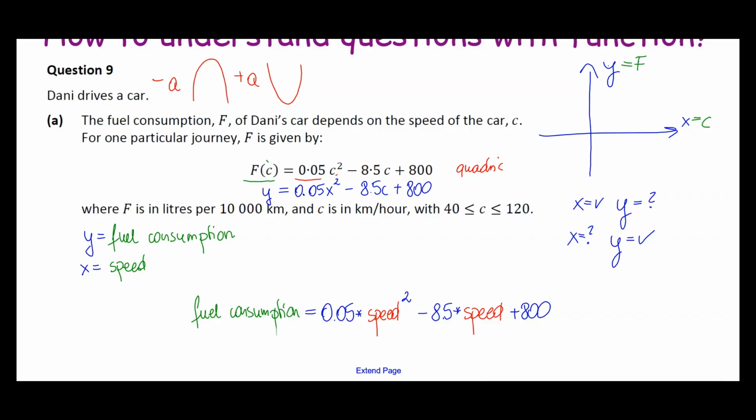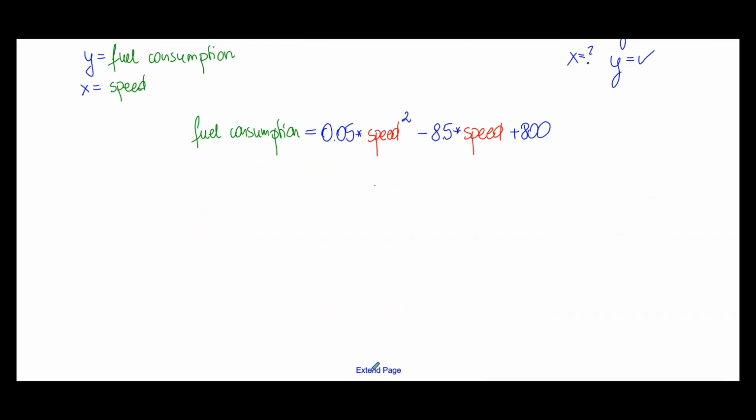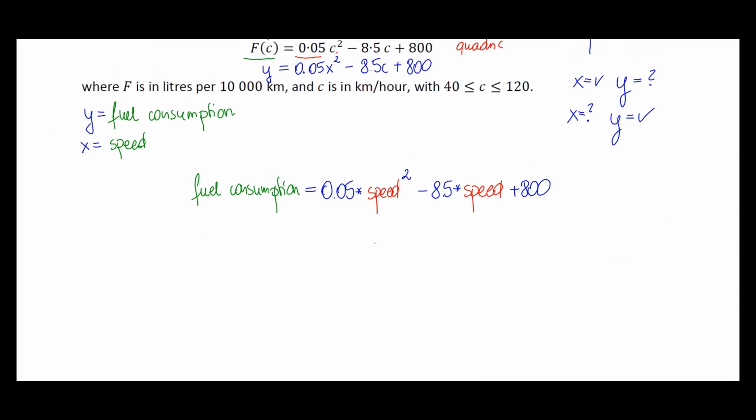Now let's look at something else, because fuel consumption will be expressed as a number of what? We are told that fuel consumption is expressed in liters per 10,000 kilometers. So in this place I'm going to put a number of liters per, that means divided by, 10,000 kilometers.